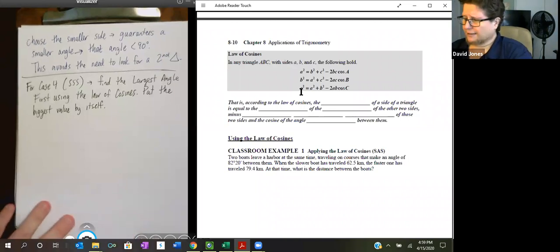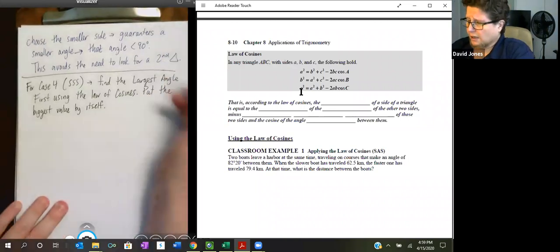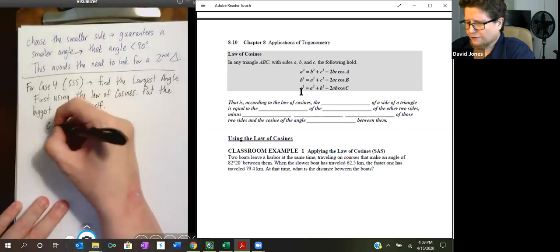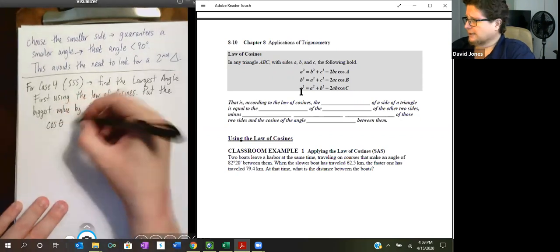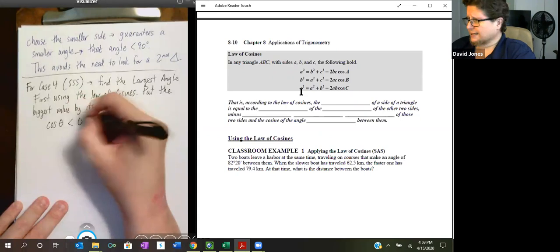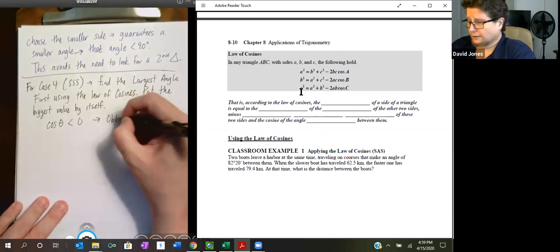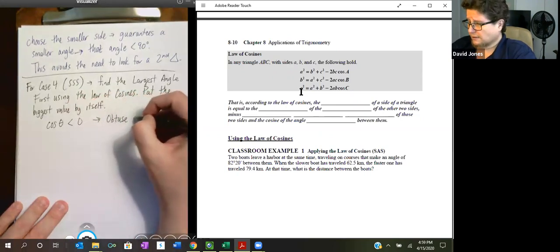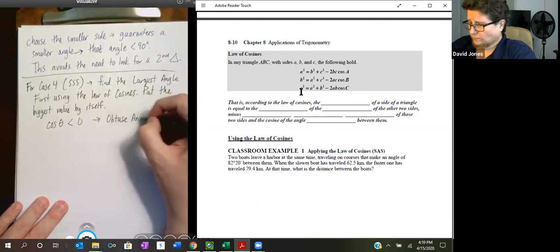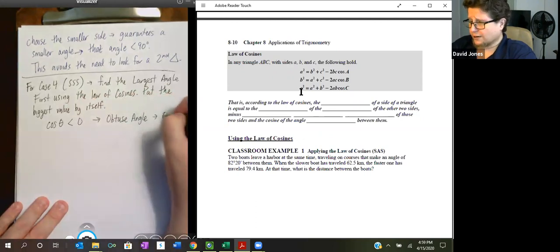Now, the good thing about this is it doesn't matter what that angle is. I don't know if it's A, B, or C, so let's say theta. If cosine theta is less than 0, it's an obtuse angle, which means theta is greater than 90.